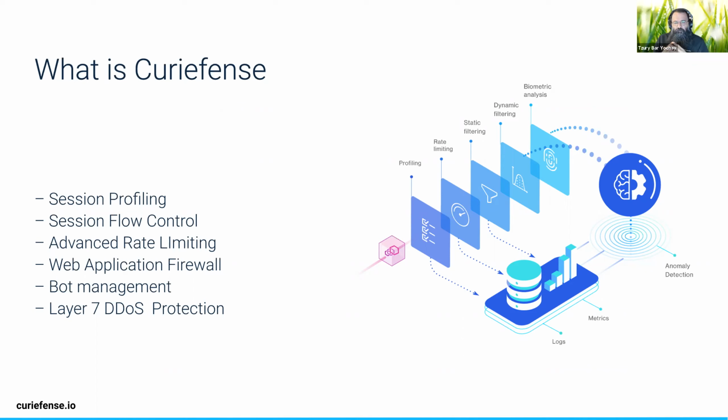On top of it, there is an advanced rate limiting, which provides the user with the ability to limit requests. For example, take the classic login operation.